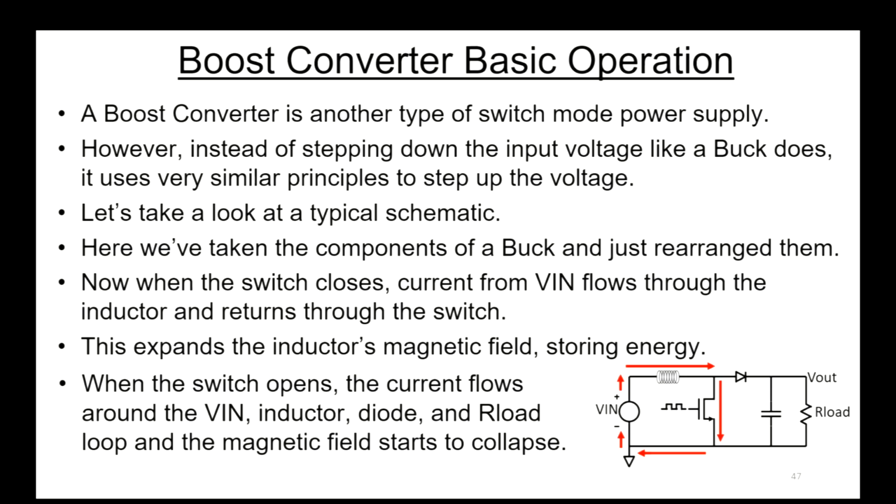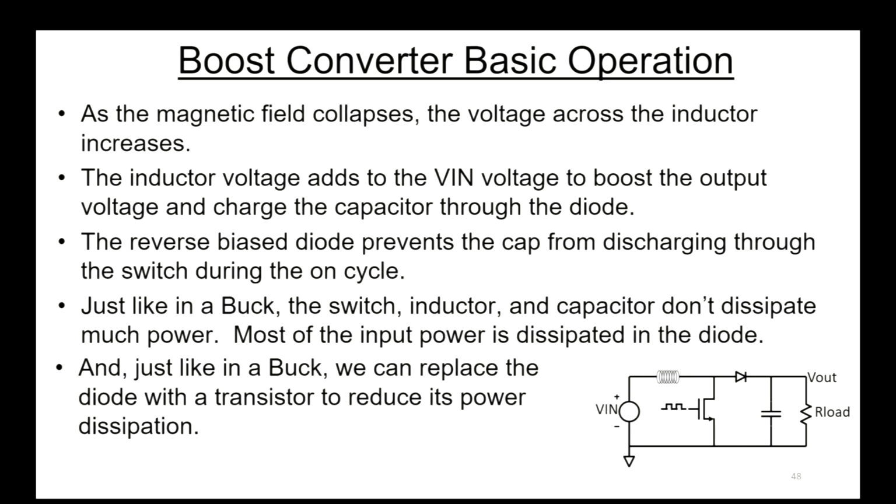So this expands the magnetic field of the inductor. Now, when the switch opens, the current will flow on this other path, and the magnetic field of the inductor starts to collapse. As the magnetic field collapses, the voltage across the inductor starts to increase.